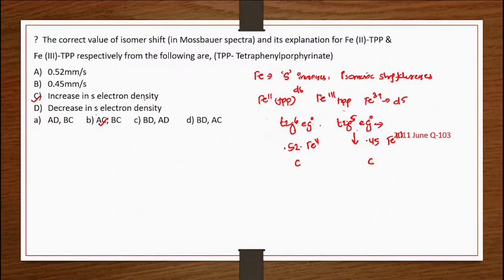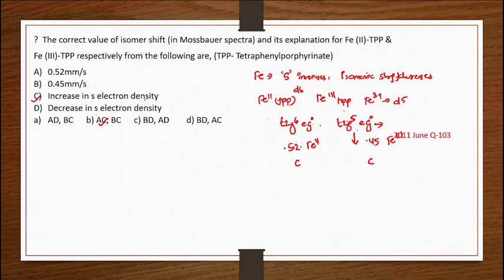But there is a value difference for both the complexes because of the number of d electrons. In t2g6 there are 6 d electrons and in t2g5 there are 5 d electrons. So more number of d electrons, more will be the shielding effect. So with more shielding by the d electrons to the s electrons, the s electron density will be less. Shielding is higher, the electron density will be less, isomer shift will be high.